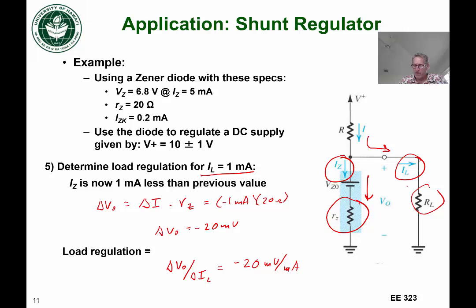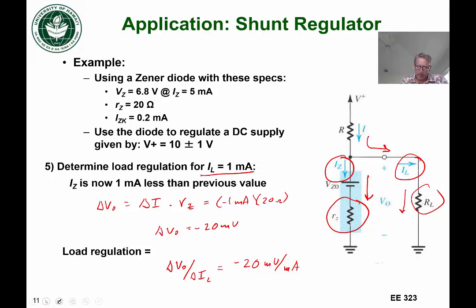So that tells us that if we increase this from 0 to 1 milliamp in our load, we only get a 20 millivolt change in our output voltage, which again is pretty small, and it's doing a good job of regulating the output voltage independent of how much current is being drawn into the load.